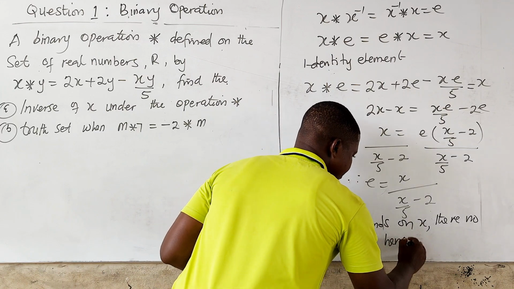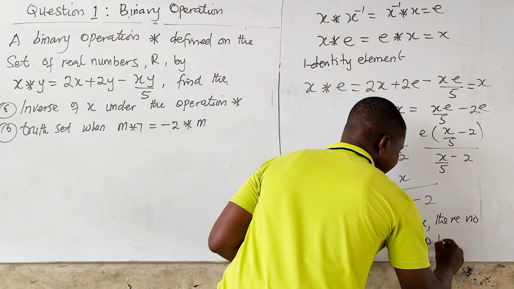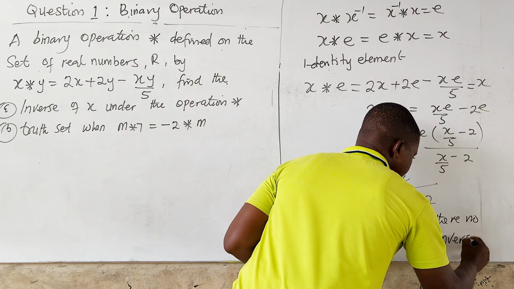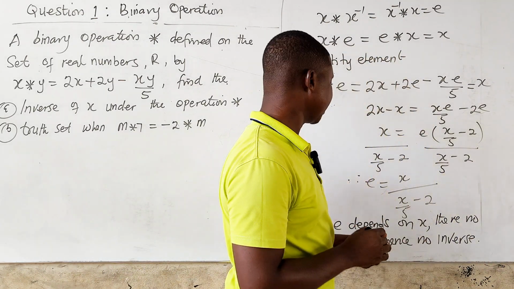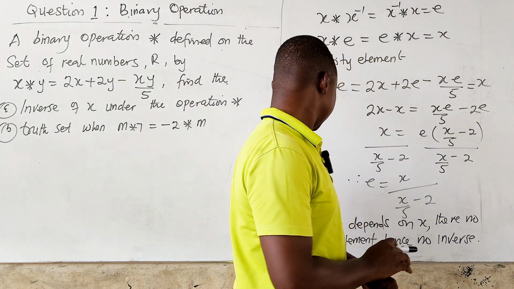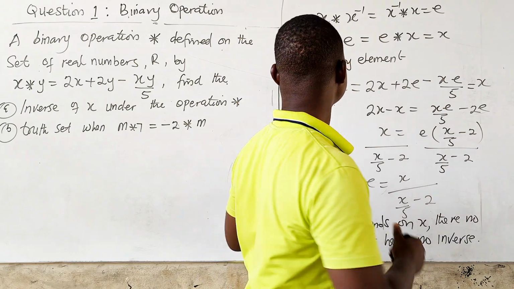Hence, no inverse. Since we don't have an identity element, there is no inverse. And that's our A.